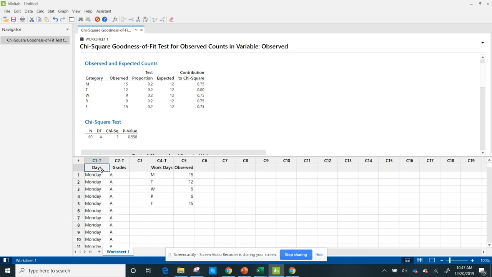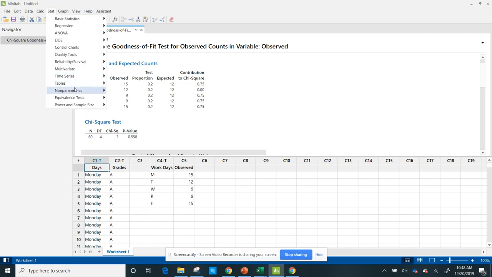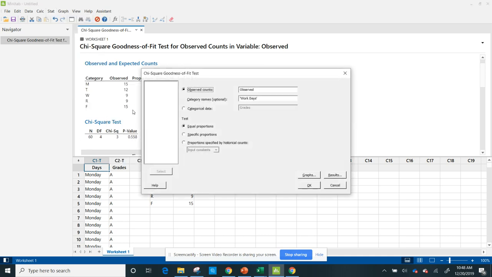Why did I do this? Because sometimes you're going to get your data in an Excel file, or you're going to get raw data which hasn't been summarized. Minitab handles it really, really well. So let me show you quickly. I've got days, and it's raw data. So I go up to Stats, I go to Tables, and again, I go to Chi-Square Goodness of Fit.